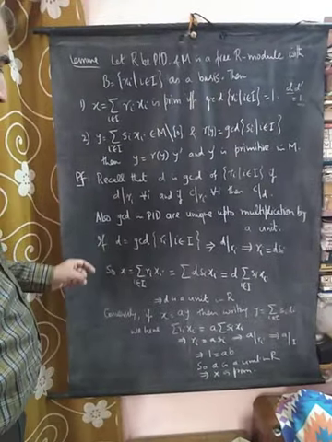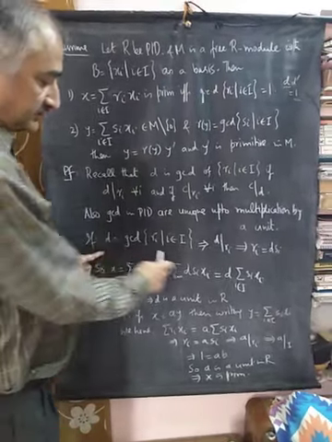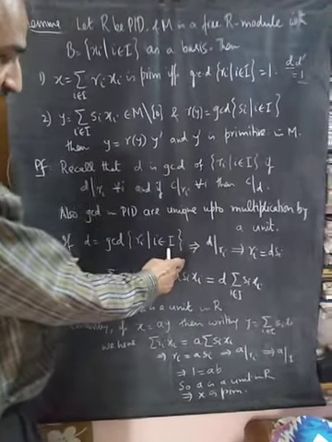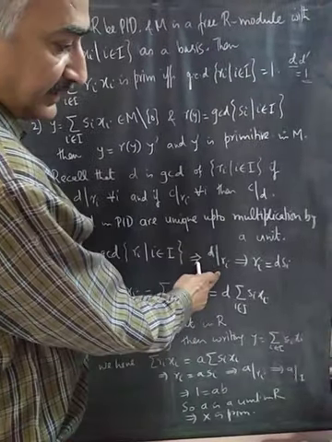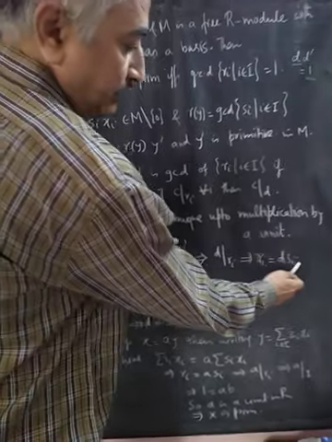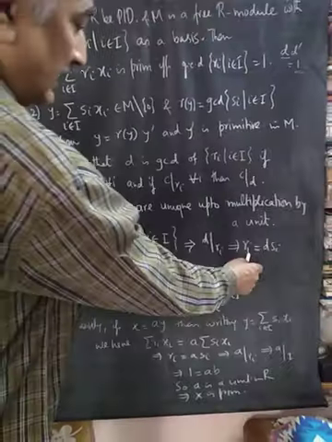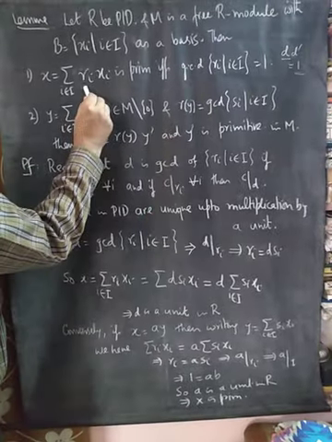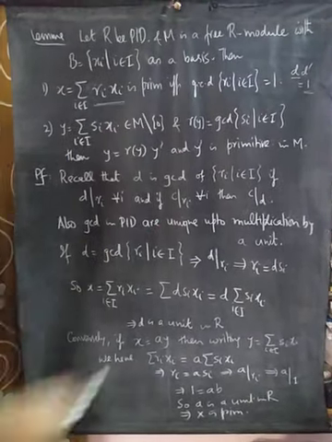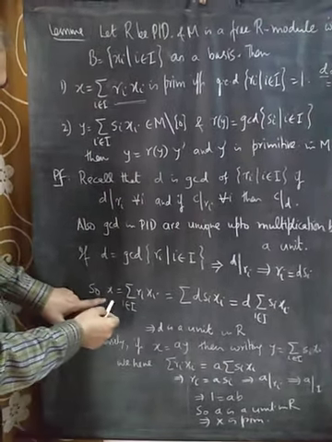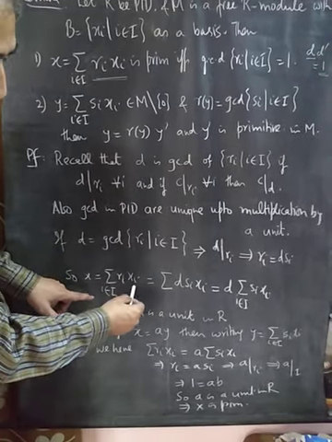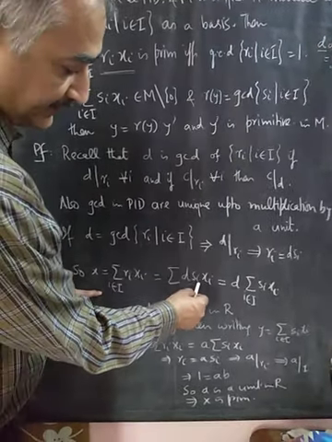So we show here, let d be the GCD of these r_i's. This shows that d divides r_i, and so r_i is equal to d times s_i, where s_i are elements in R. So we put this r_i equal to d s_i in here, which I've done here. x equal to summation over i of r_i x_i. Put r_i equal to d s_i.